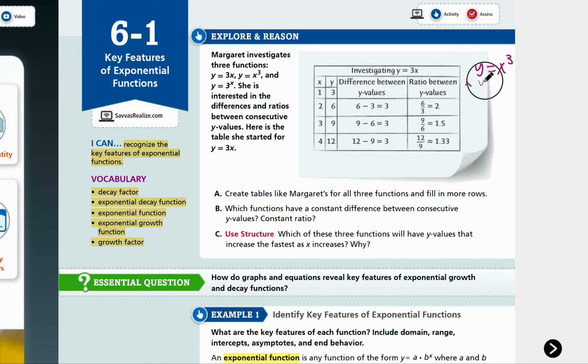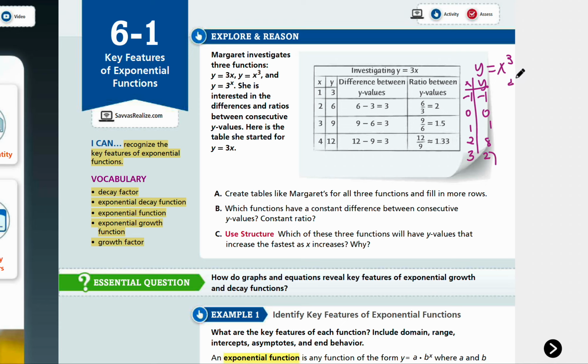First, find the values for x and y. We can add some negatives here. If x is -1, y is -1. If x is 0, y is 0. If x is 1, y is 1. If x is 2, y is 8. If x is 3, y is 27, and so on.